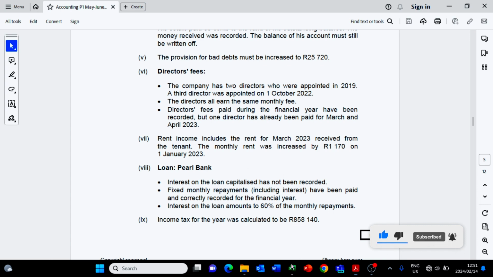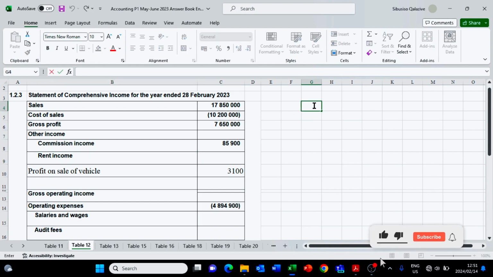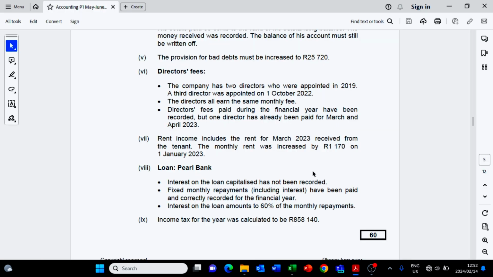So now, please follow me step by step on this one, on the rent part. Write this down. The rent was increased by 1,170 from 1 January.